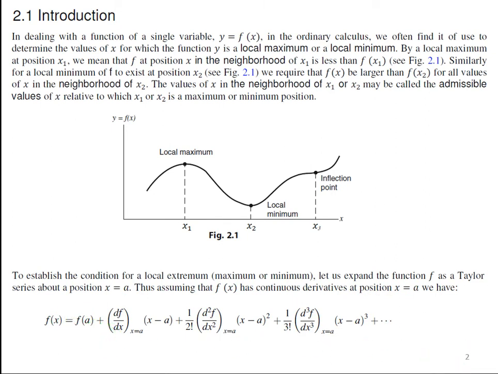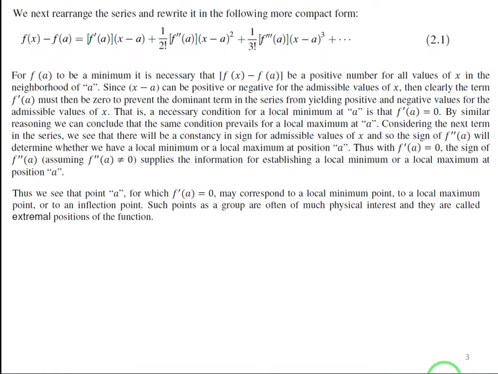Now let's rewrite the previous equation in the following form. If we take f of a from the right-hand side to the left-hand side, then we have this equation 2(1): f of x minus f of a equals the right-hand side of this equation.